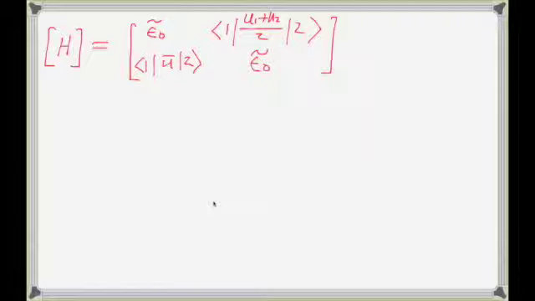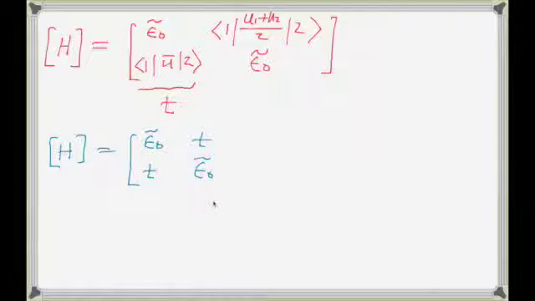So these off-diagonal matrix elements become a parameter, and we're going to call it T. So finally, our Hamiltonian matrix for the two atoms as you bring them close together is just E0 tilde, T, T, E0 tilde. In general, these would be complex conjugates of each other. That would be the form of your 2x2 Hamiltonian that you've constructed.